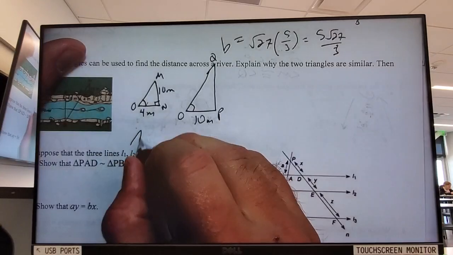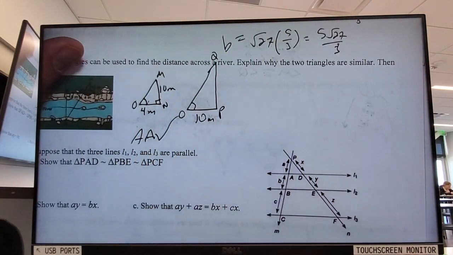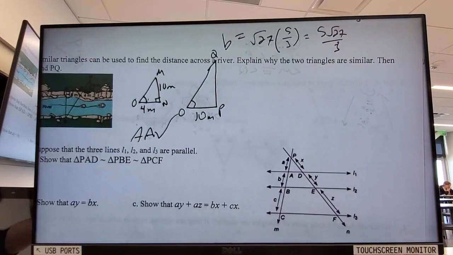So all you need is angle. Check. And now you can set up, using the scale factor, a proportionality statement. Is that cool? Okay. Or not even using scale, you can just set up a proportionality statement directly. What's the side that I want to know? Yeah, PP. That would be the length across the river.